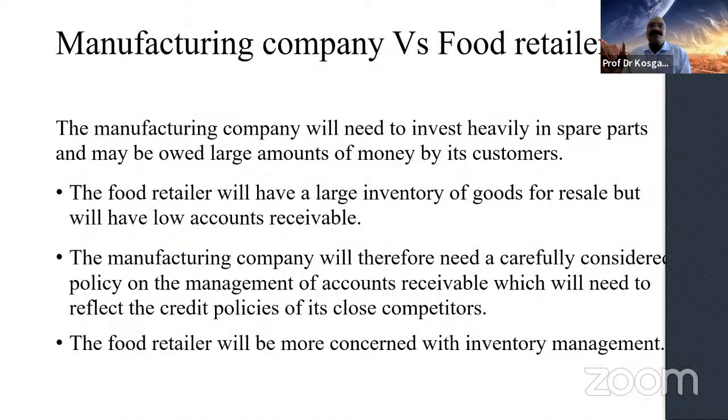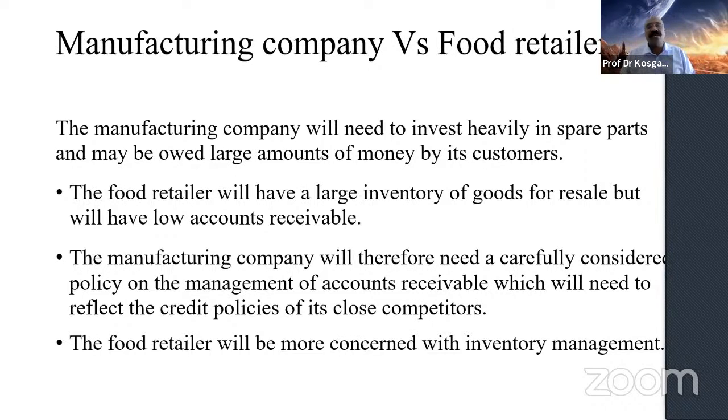Manufacturing company versus food retailer. Their liquidity level will be different. These two companies, a manufacturing company and a food retailer, will be different. A manufacturing company needs to have a lot of inventories to complete the production.